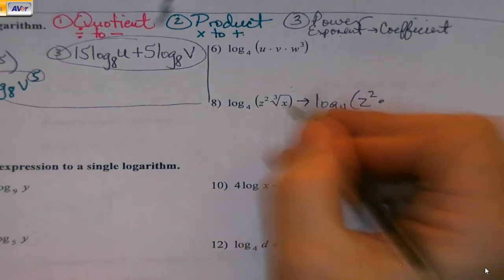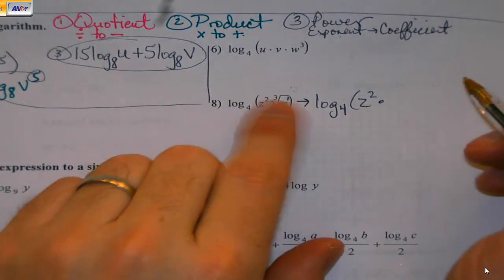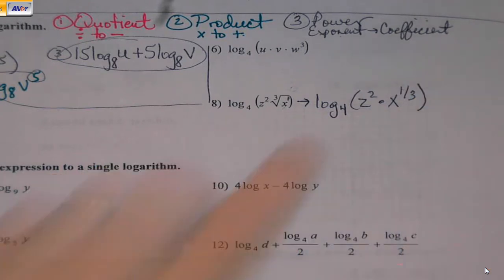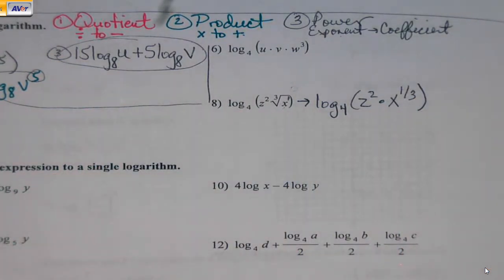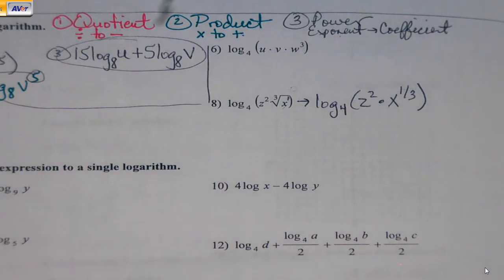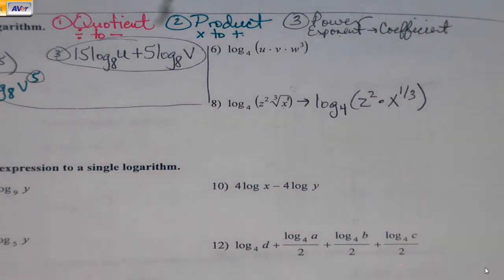So I remember way back to when we were going from radical form to exponential. When we do that, we always do the exponent over the root. So this is really x to the 1/3. Now, if there had been no number in here, we assume it's 2. It would have been x to the 1/2, because that's how we do square root. So here, I don't have an exponent out here to play with, so I don't have to worry about that.